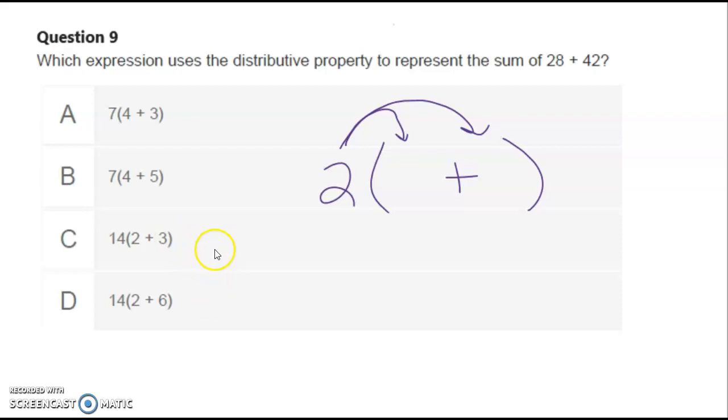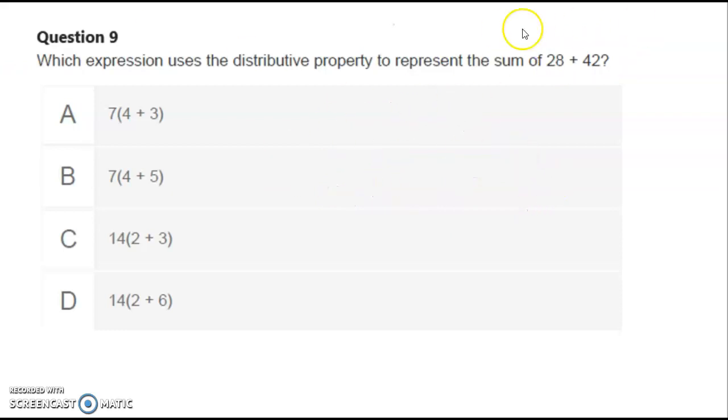All right, so this is the distributive property. However, this up here doesn't look anything like it, because it's not yet in the distributive property. It wants you to put it in the distributive property. So this is how you do that. I need to make 28 and 42 look like this. So I've got to fill in a number out here and two numbers in here.